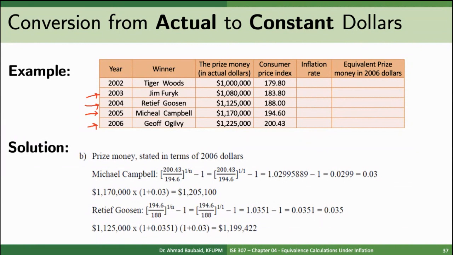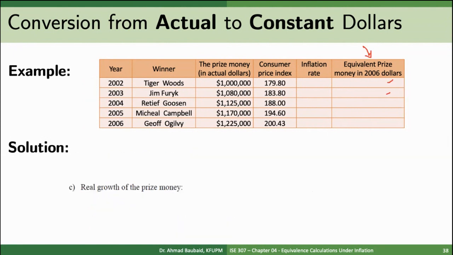You could do the same thing for these other rows. The difference is you're going to have to find more annual inflation rates, and then multiply them. So this one here is going to have 3 multipliers, because it's 3 years, and Tiger Woods is going to have 4. So you can use that and fill in all of these values here. Let's assume that we've done that.